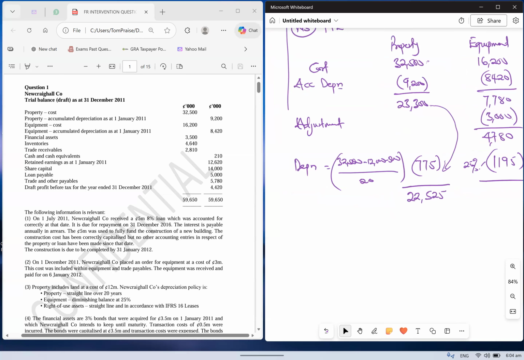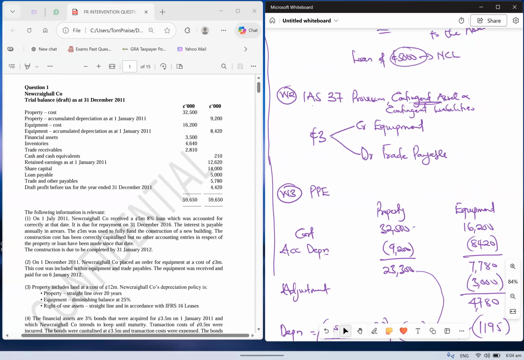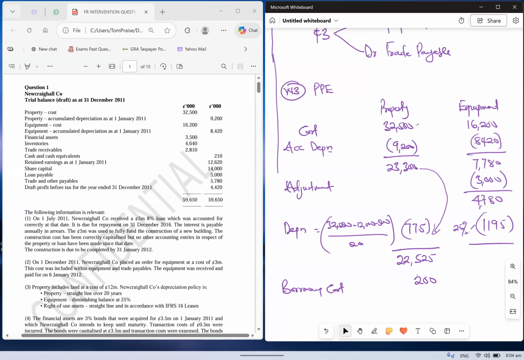All right. Then we bring in our borrowing costs. Remember, borrowing costs are meant to be added to the cost of the assets. So the borrowing cost, we had what? 200. Is the timing that makes us not add the borrowing cost, because the borrowing cost is something that is done at the end of the year?